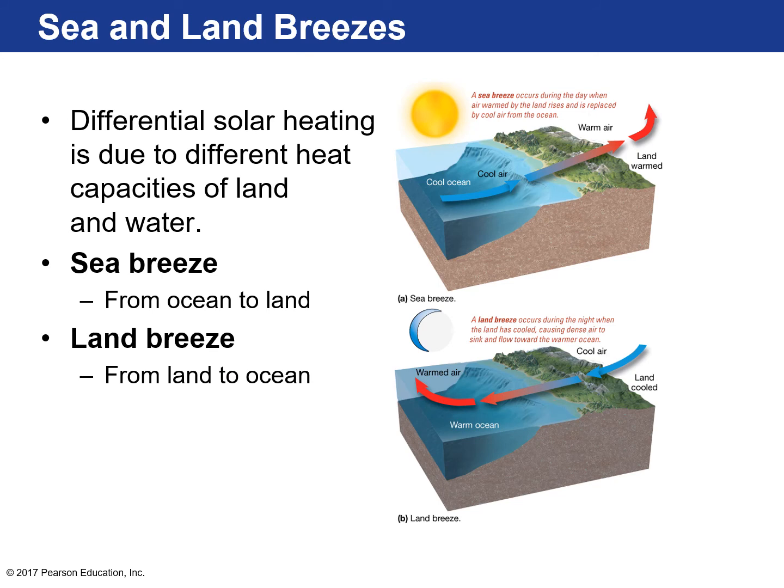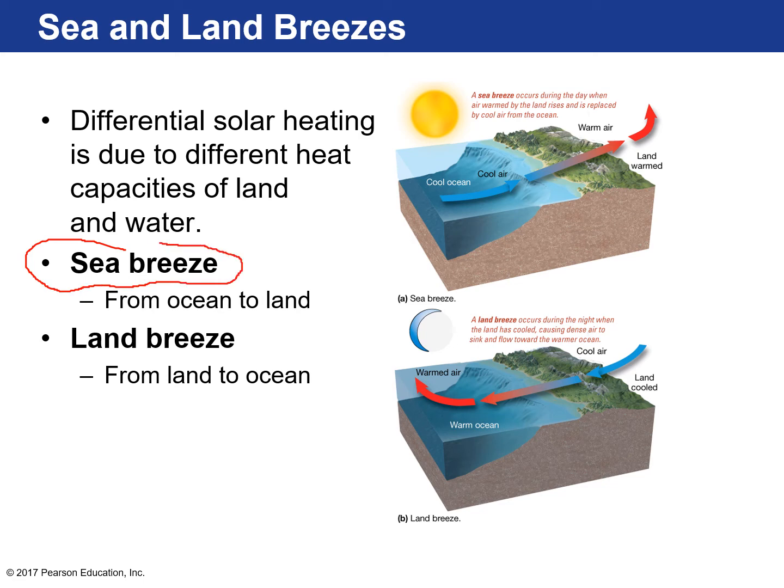And then there are differences in solar heating from the ocean surface to land, and this causes localized changes in air patterns or wind distribution. So what happens is a sea breeze, which I'm sure you're used to here in Florida.